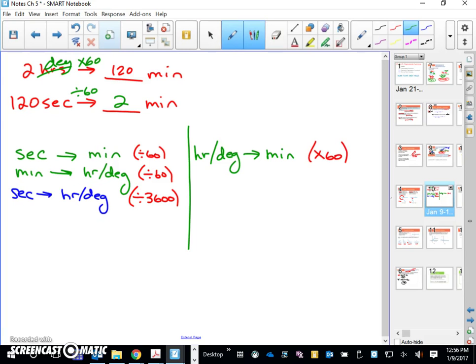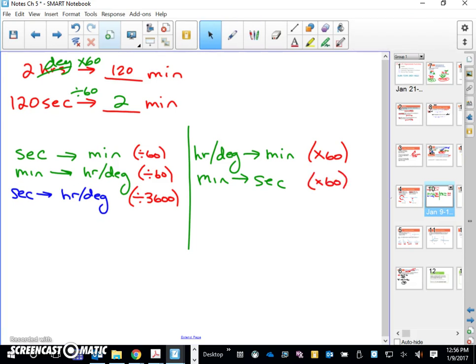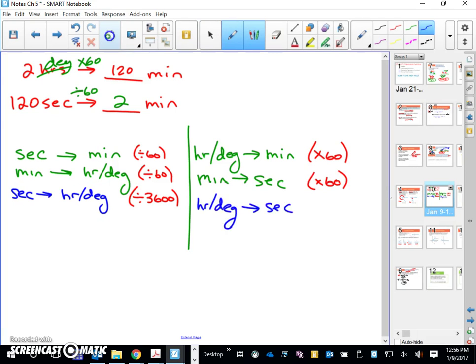If I went from minutes to seconds, 3 minutes is 180 seconds, right? You're multiplying by 60. And if I went from hours or degrees all the way to seconds, skipping over the minutes and going straight to seconds, I'd have to multiply by 60 twice, right?